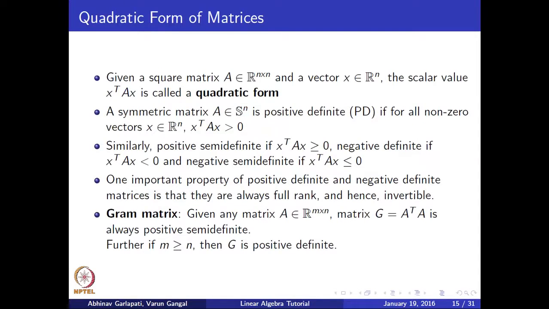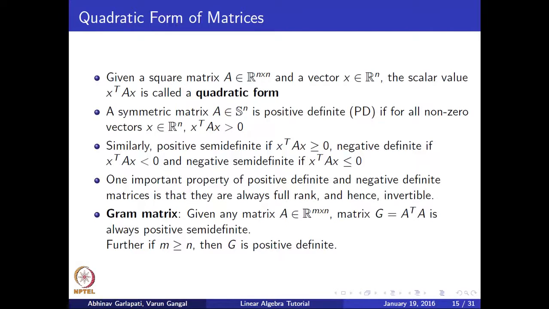We often encounter the quadratic form, which is the vector equivalent of a quadratic function. The quadratic form with respect to the matrix A of a vector x, where the matrix A is n cross n and the vector x is n cross 1, is given by the real number x transpose Ax. Based on the quadratic forms of matrices, we can classify them as positive definite, negative definite, positive semi-definite, and negative semi-definite.